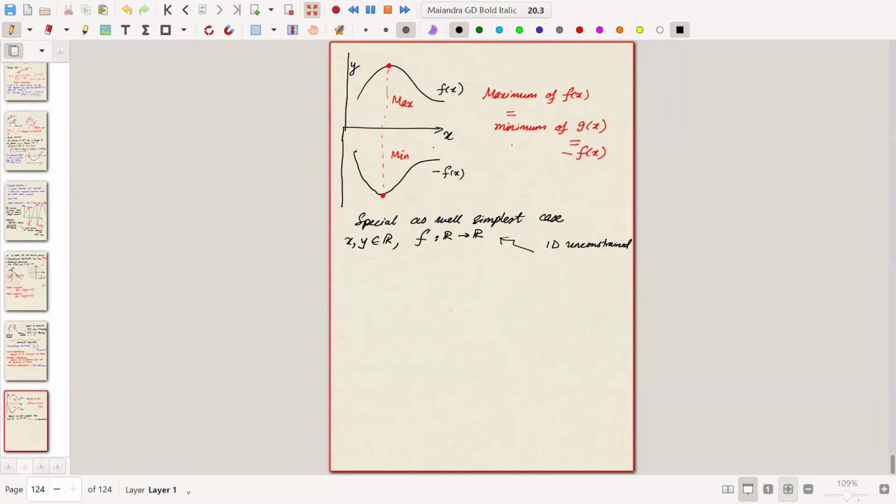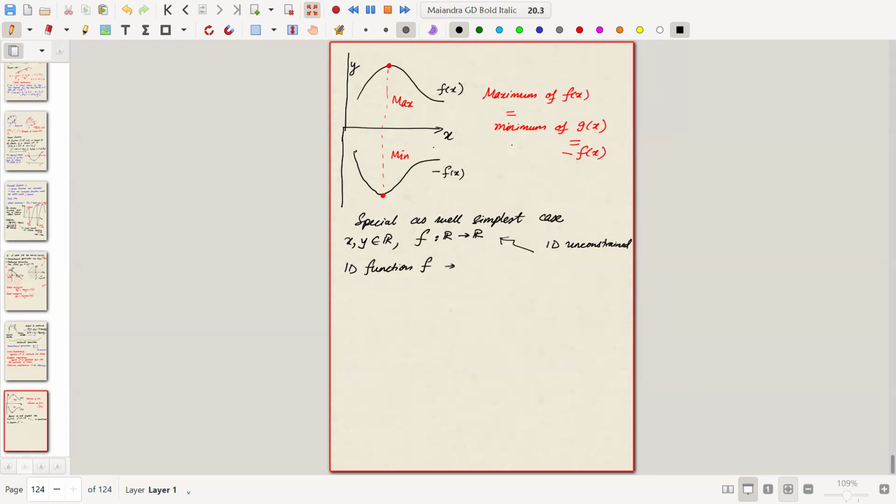So can you tell me, for a 1D function f, how we can find the extrema? Derivative equal to 0. That's it.